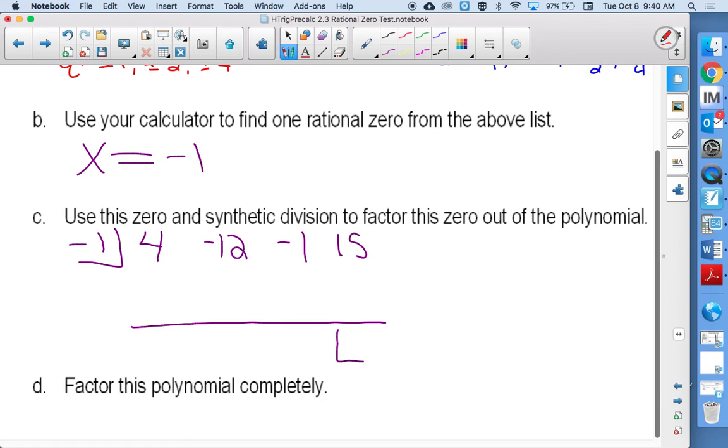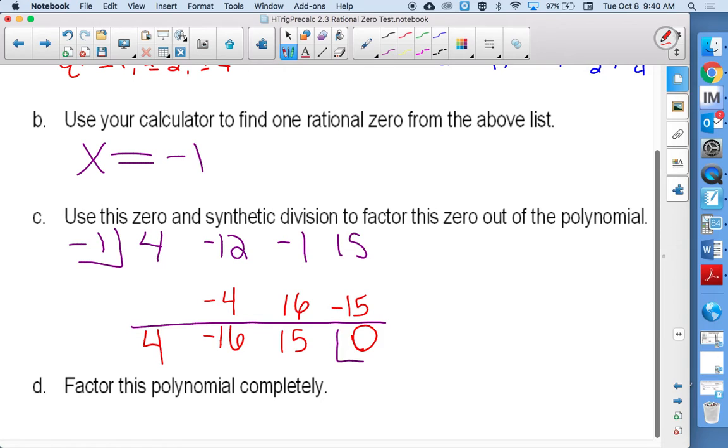So bring down the 4, multiply. You better get a remainder of 0 if your calculator told you that it was supposed to be a 0 or an x-intercept. Colin, what is your leftover piece with the 4, -16, and 15? What does that mean? That's what is factored.